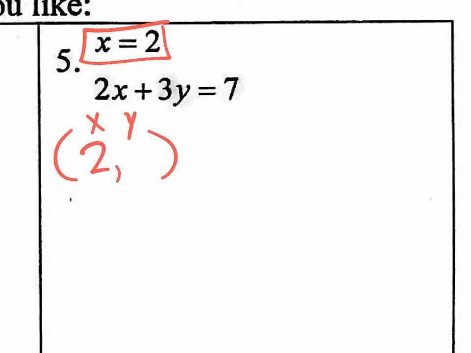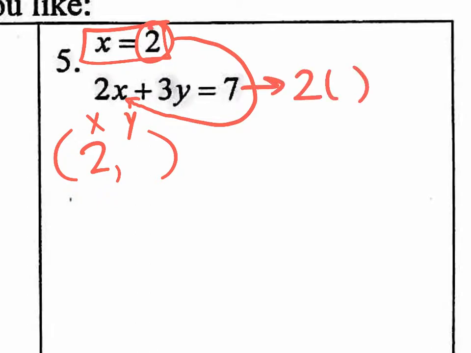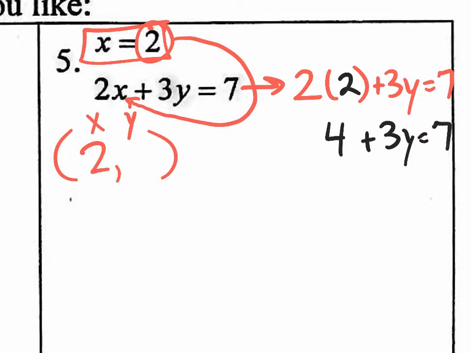Okay, so all you do to find the other one is take that 2 and plug it in to your x, because x is 2. So let me rewrite the bottom equation. 2 times x plus 3y equals 7. And we said x does equal 2, so you substitute it right in there. Then you just solve it. 2 times 2 is 4, plus 3y equals 7.